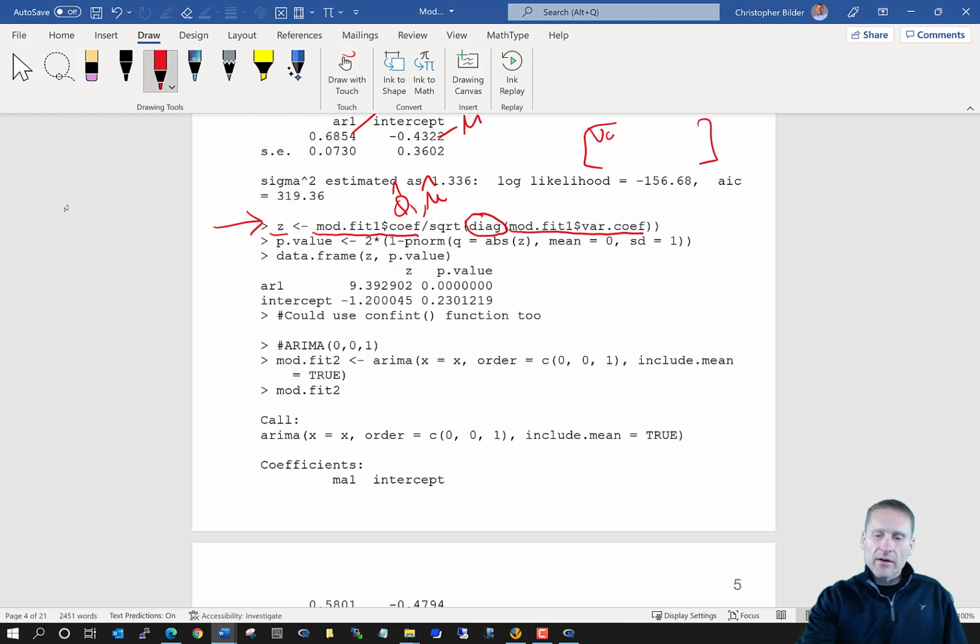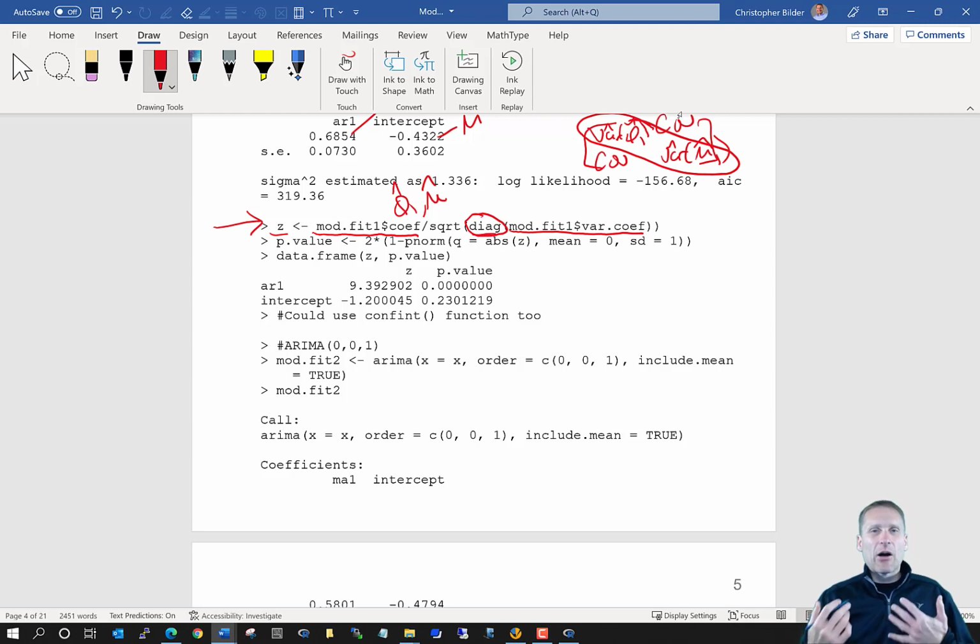So this is what the covariance matrix will look like real quick here. The diagonal elements would be the 1,1 element and the 2,2 element. I pull those off of that matrix using the diag argument.